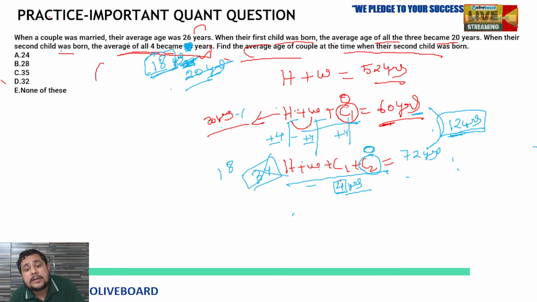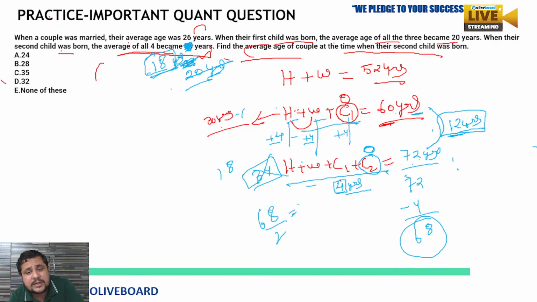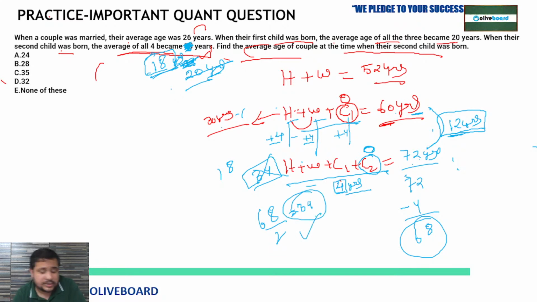Or you can directly say 60 to 72, the age of the first child is what in 72 years? 4 only. 72 minus 4, 68. So just divide 68 by 2, you will get how much? You will get 34. So this is the average age of husband and wife during the second child's birth.